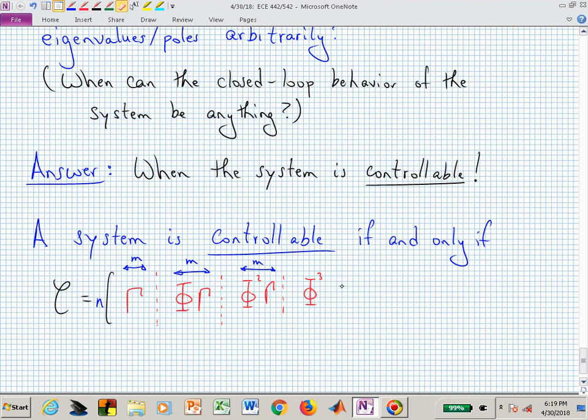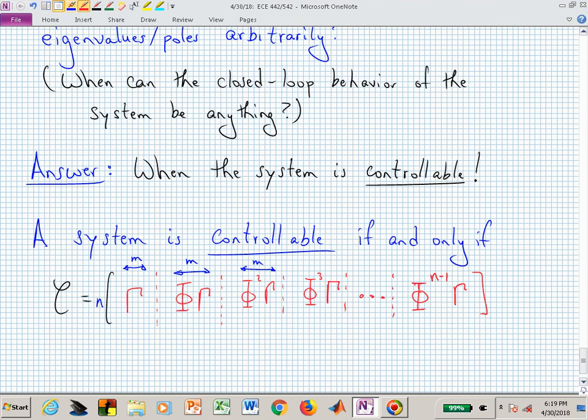When do we stop? We stop adding powers of phi when we get to phi to the n minus 1. And n, again, is Nevada.